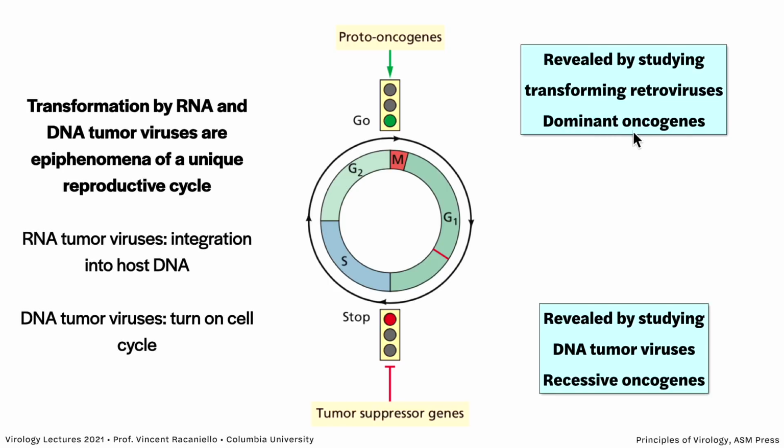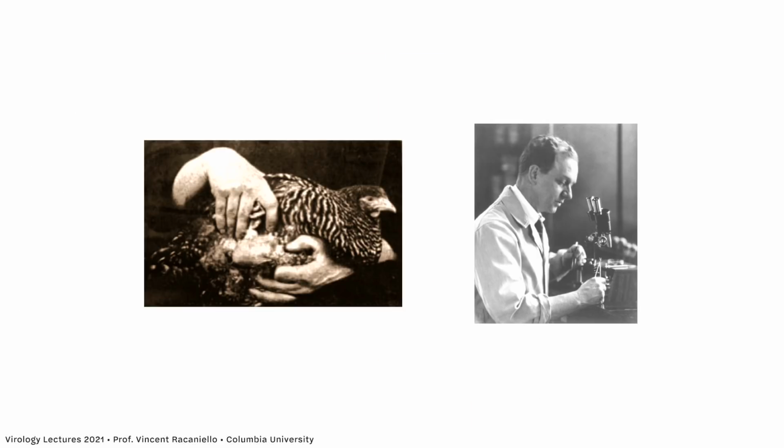They have their dominant oncogenes, as well as integration mechanisms as well. And then the checkpoints down here, including RB and P53, revealed by studying DNA tumor viruses. And those are recessive oncogenes, of course. It's just a gorgeous summation of the cell cycle control, really, by studying these two different kinds of viruses. And the coolest part, in my view, is that it all began with a chicken.